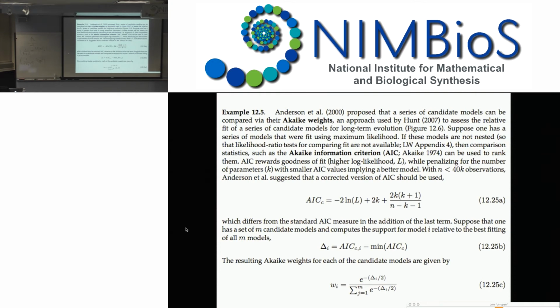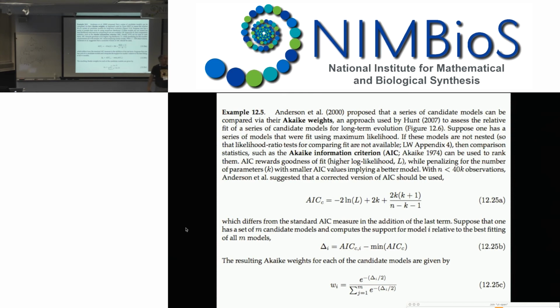And the bottom line is what you do if you have a series of models is you can rank those AIC statistics, and the smallest one is the best one. Now, best in what criteria and smallest in what criteria, we don't have any way to tell what AIC differences are statistically significant from each other. So it's a heuristic tool that's useful, but don't get overly excited about it.